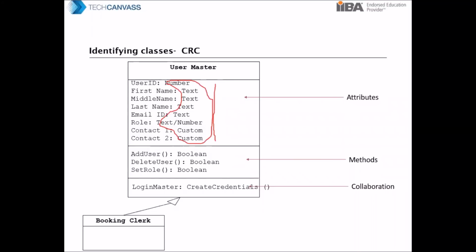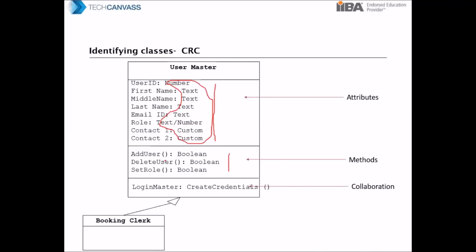But in any reasonable size project, you'll have few people to discuss and brainstorm, and then iterate through this entire cycle to arrive at the correct attributes, correct data types, correct methods, and correct specifications. You can start with a particular baseline and then keep on refining.